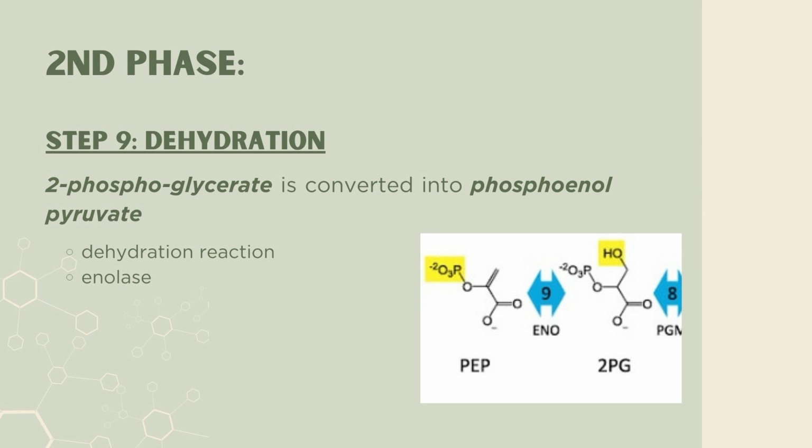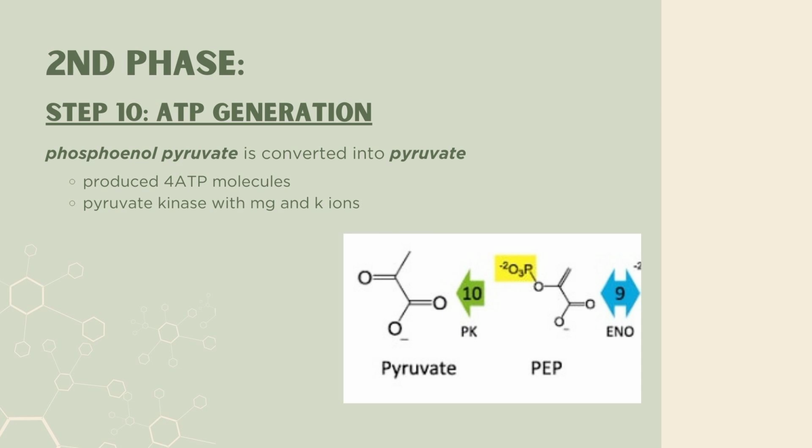as there are 2 glyceraldehyde 3-phosphate molecules starting with step 6. For the last and final step, step 10, we are able to gain another 2 ATP molecules. The phosphoenolpyruvate is then converted into pyruvate with the needed cofactors, which are the magnesium and potassium ions, with the enzyme pyruvate kinase that catalyzes the reaction as we are losing a phosphate group.